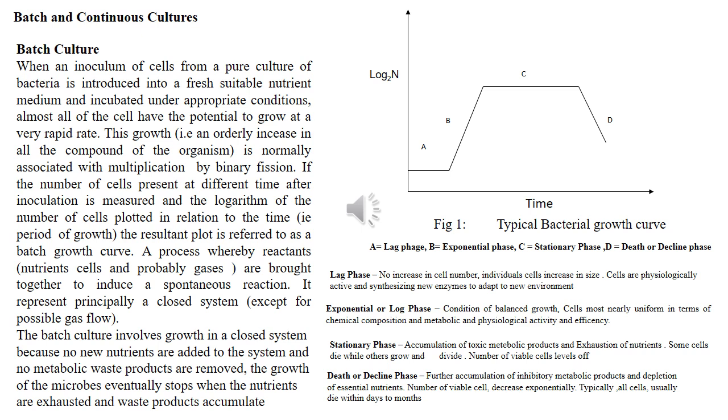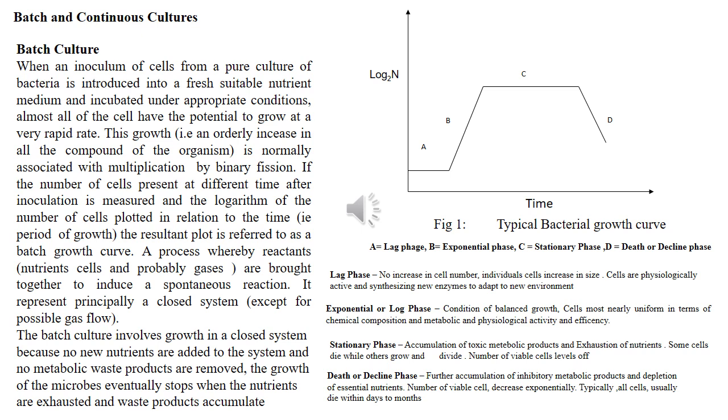In the exponential or log phase, there is a condition of balanced growth. Cells are most nearly uniform in terms of chemical composition and metabolic and physiological activity and efficiency, and the increase in number of cells is exponential.